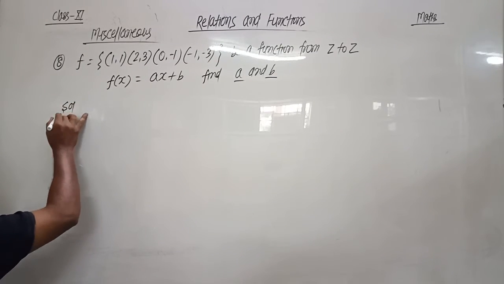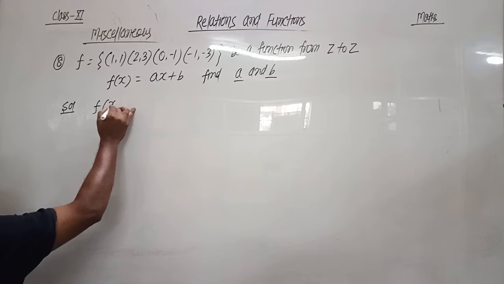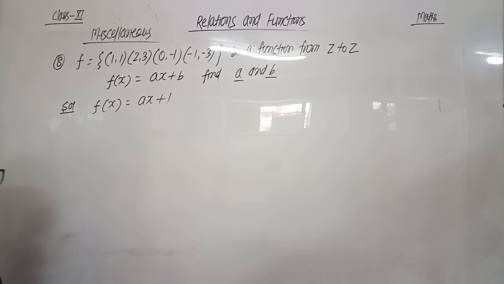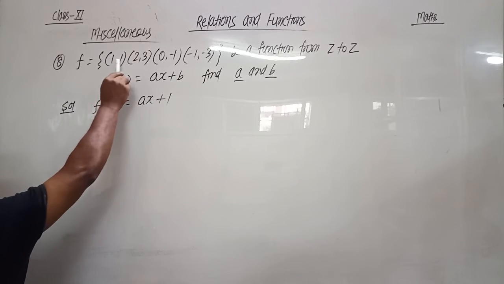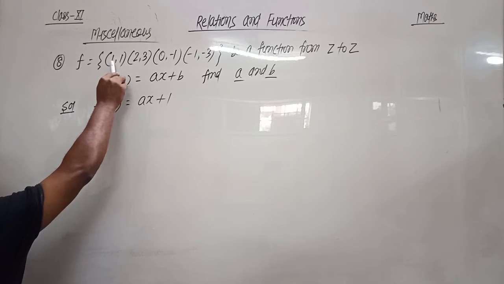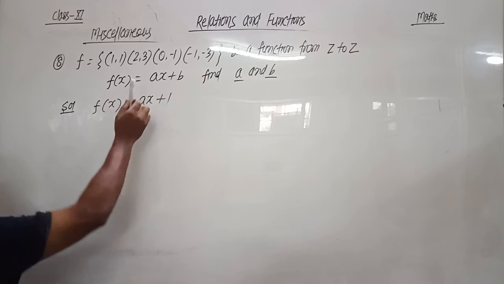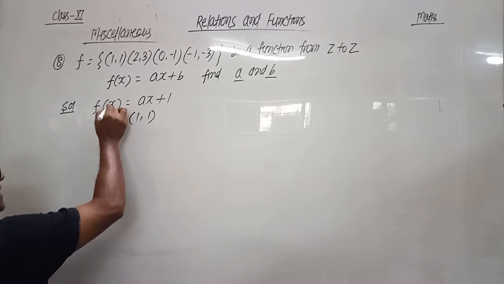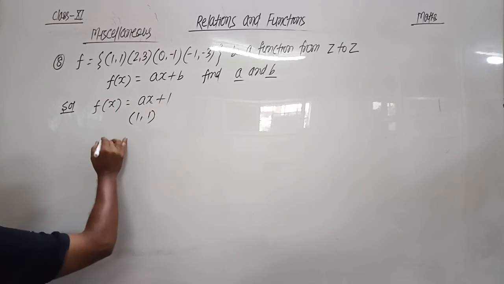So the function f(x) is ax plus b. And here the ordered pair 1 comma 1 means this 1 is x and this 1 is f(x). So we put the value of f(x) as 1 and the value of x as 1.